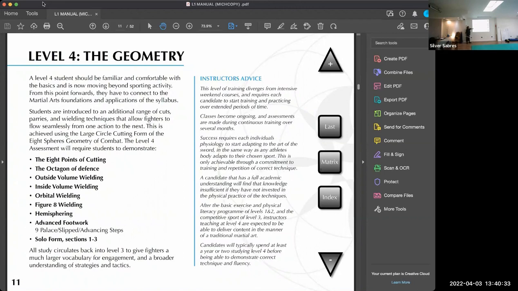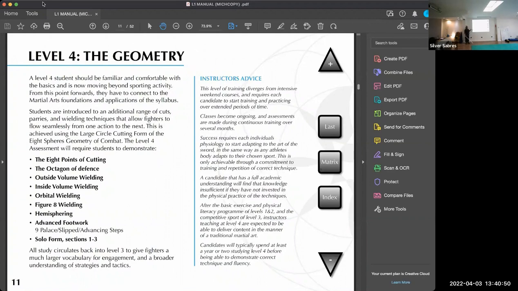You have to hemisphere using only figure 8 wields and 9 palace stepping. Right? But the point is here, I don't need to tell you how to lace these together.